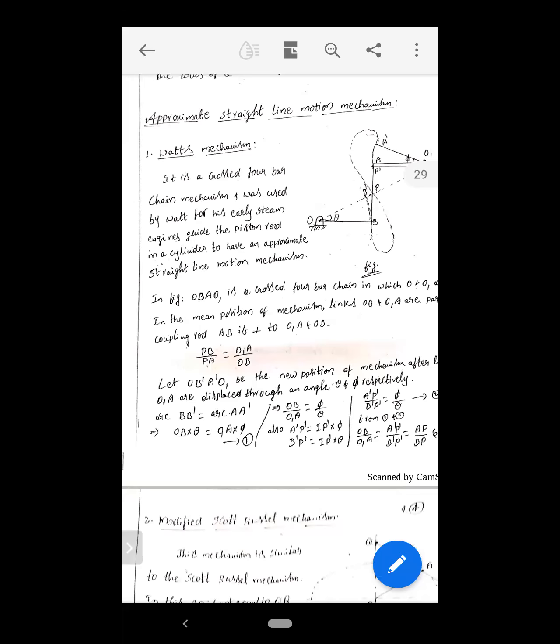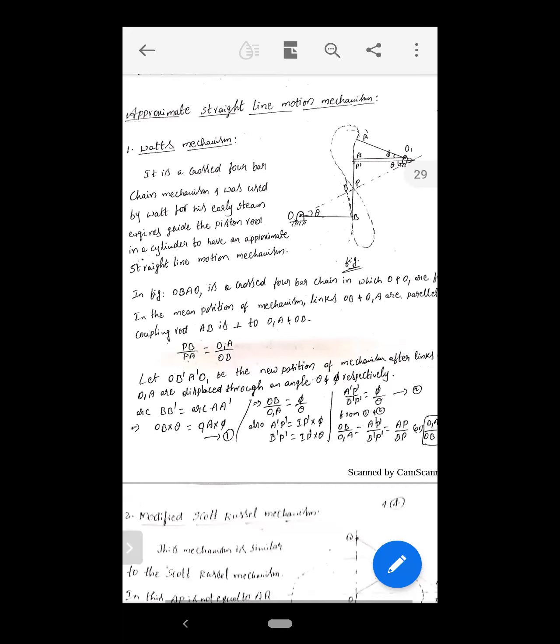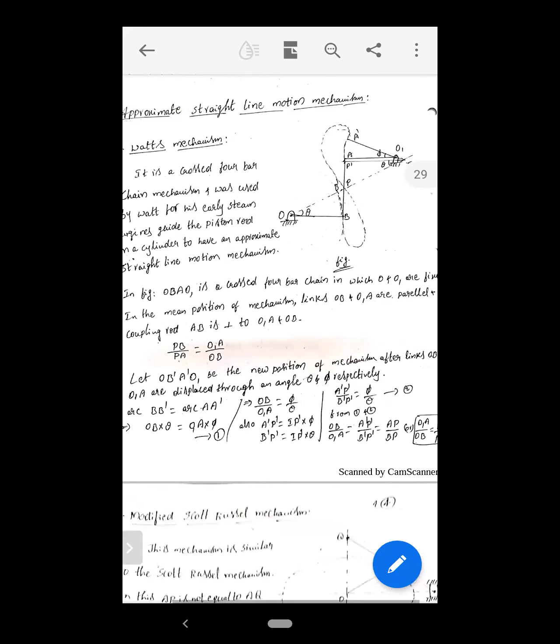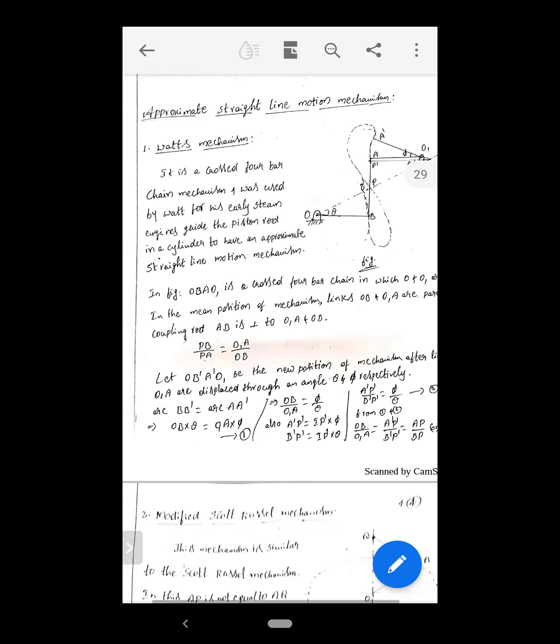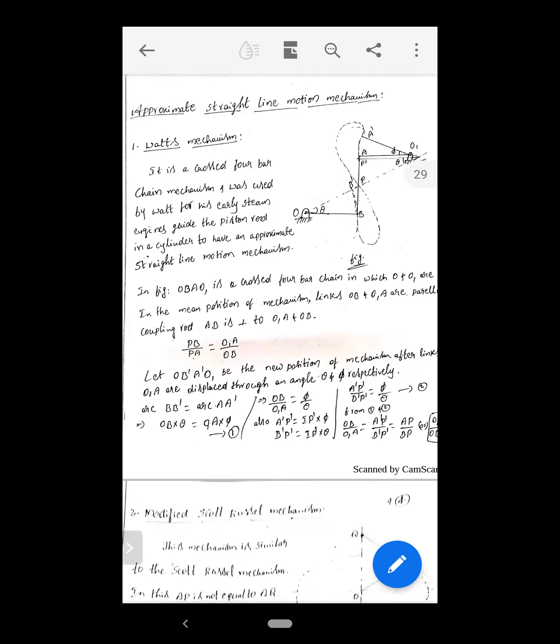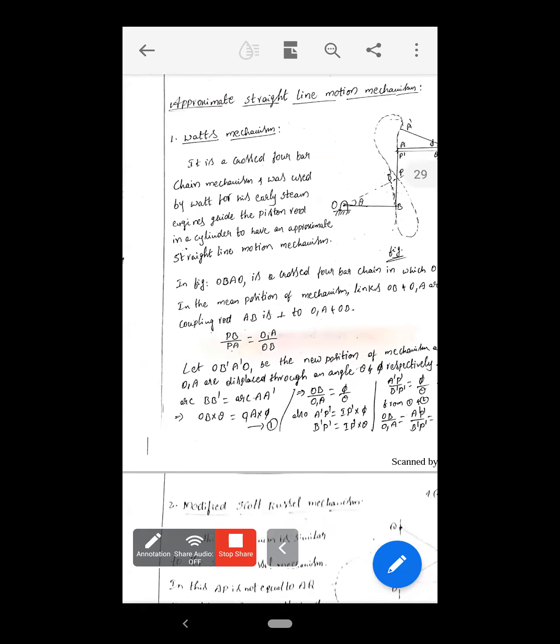Now let us see how to prove some values, where we achieve the approximate straight line motion. Let us take OBA O1.